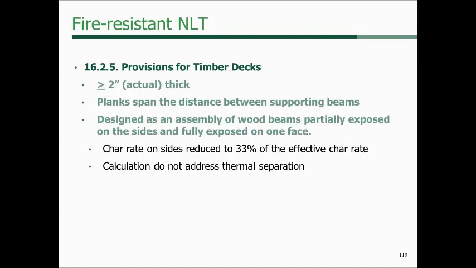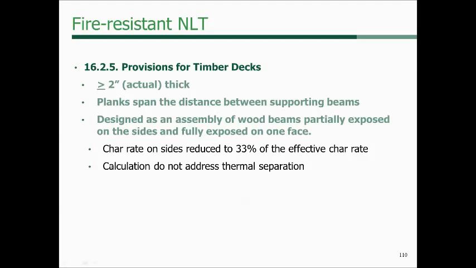Also, when calculating the exposure of that nail-laminated timber, there is an assumption that there may be some minor gaps in between the nail-laminated timbers, and we have to accommodate for that in our calculations. So the fire could wick up within those gaps, and we would have to calculate the exposure of the wood member, not just to the underside of that member, the 2x, but also to the sides.